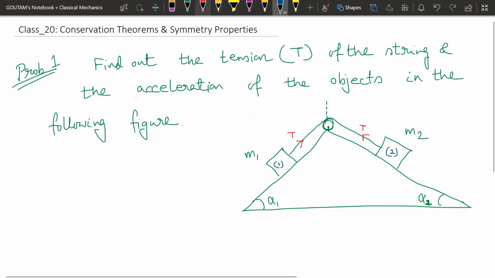So let's define it as x and define this distance as y.